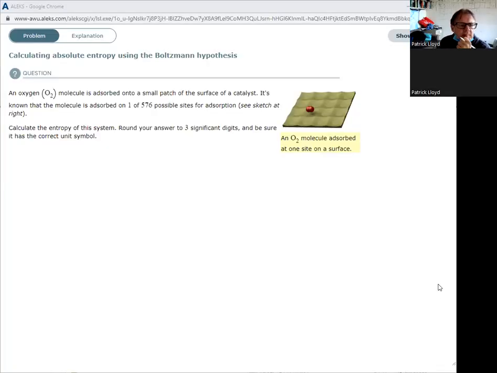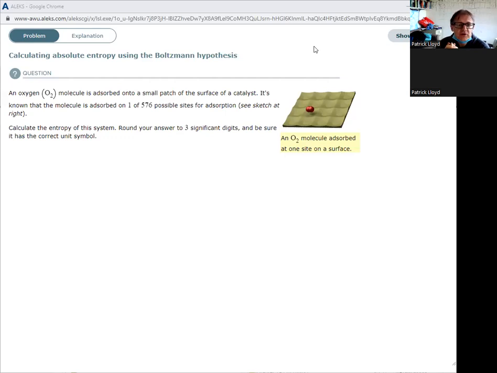Okay, so in this particular problem, it says that we want to calculate the absolute entropy using the Boltzmann hypothesis. So with Boltzmann, we often think in terms of statistics, again, these distributions, right? An oxygen, which is an O2 molecule, is adsorbed onto a small patch of a surface of a catalyst.